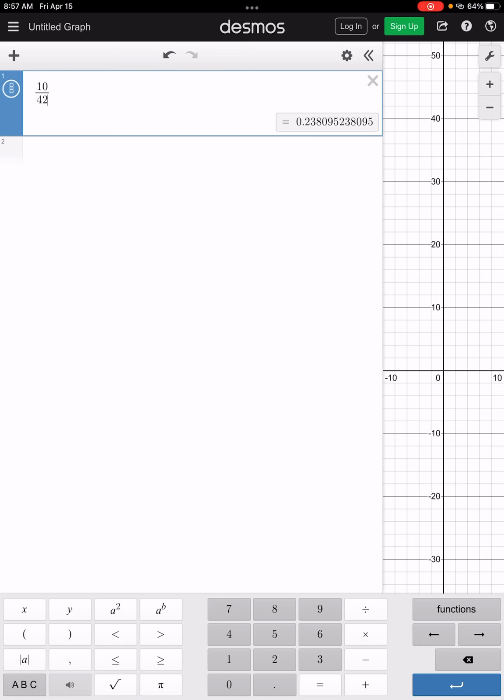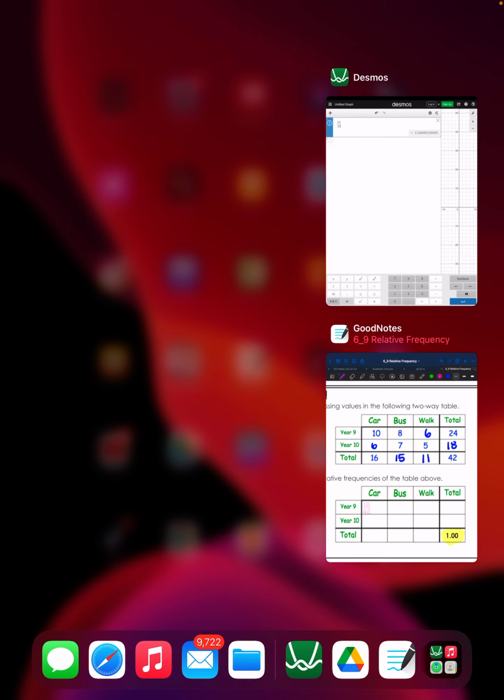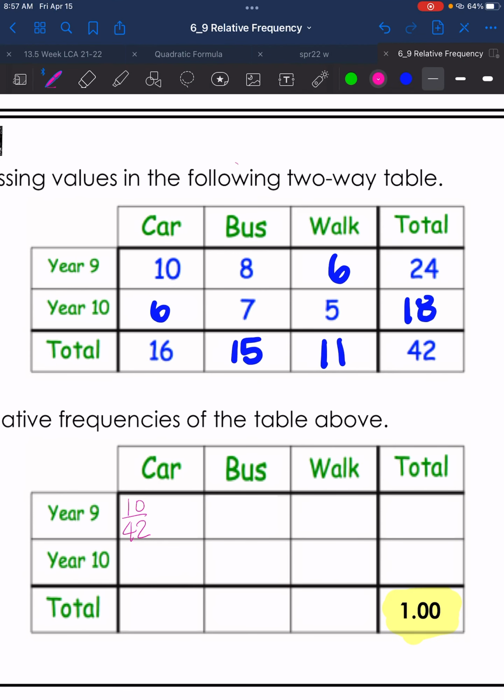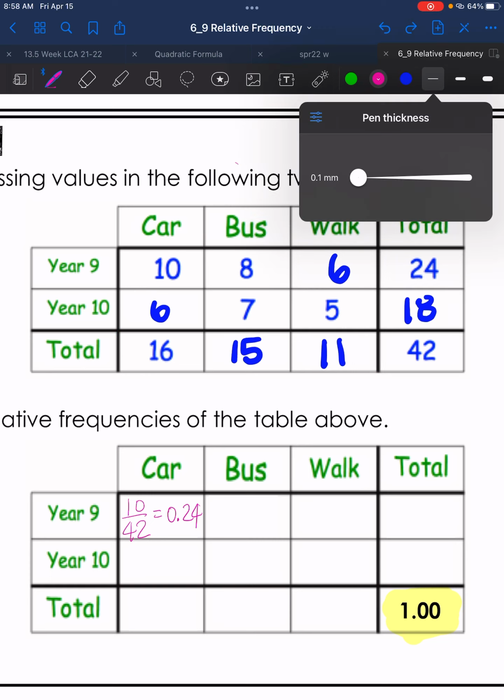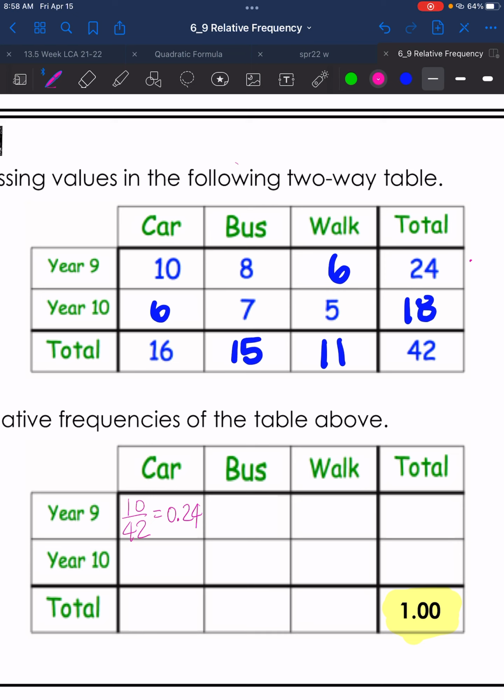It's 0.238, that 8 tells me to round the 3 up to a 4, so we got 0.24. I'm going to continue by taking all of the numbers from my table up here and dividing them all by 42. So this one would be 8 divided by 42, 6 divided by 42, and 24 divided by 42. And I'm going to keep on going.